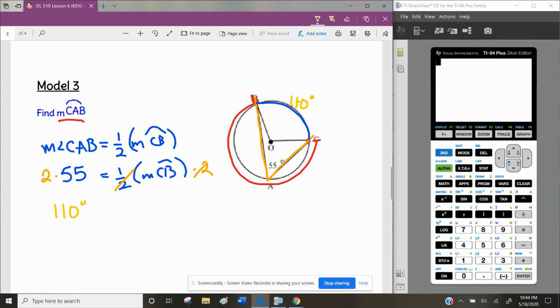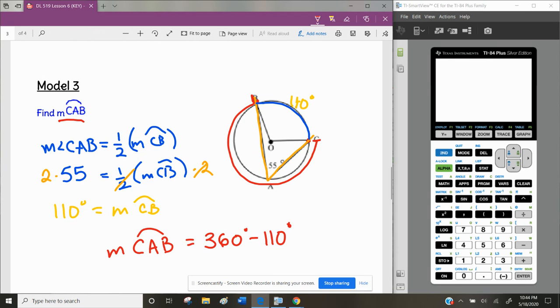But it didn't ask me for BC. It asked me for the measure of arc CAB. So now if you notice, arc CB and arc CAB form a circle. So in order to get the measure of arc CAB, we're going to subtract from 360, the number of degrees of an arc in a full circle.